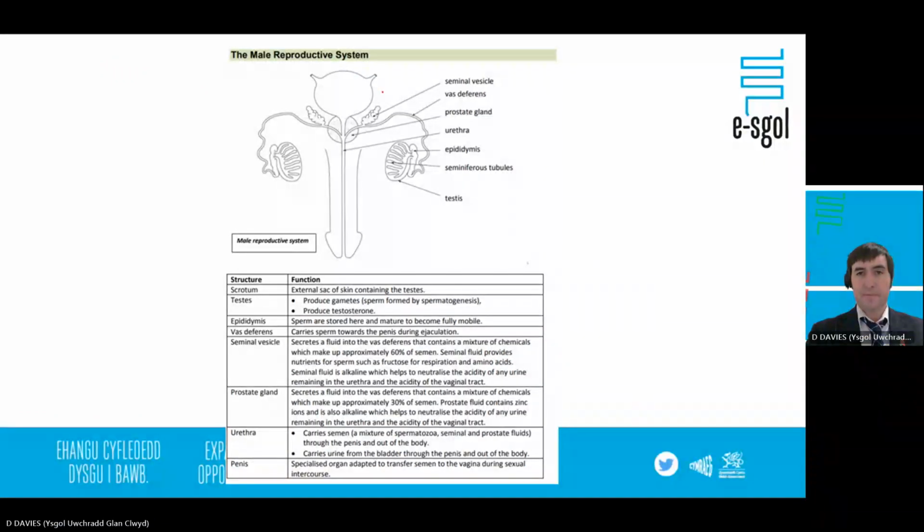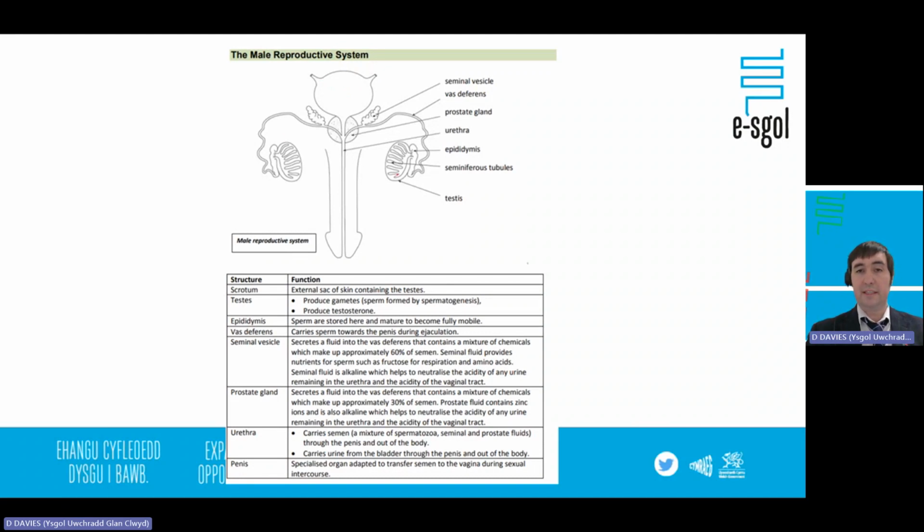This is sometimes called the urinogenital system, urinary as well because it's connected to the urinary system. This is the urinary bladder connected there to the ureters, that you've learnt about in unit 3.7.